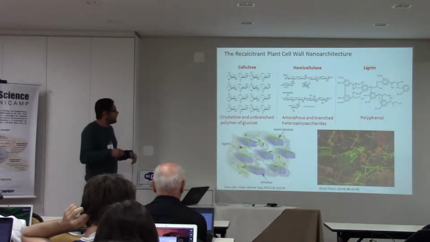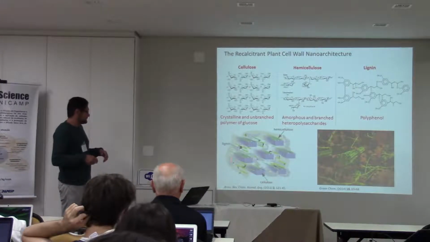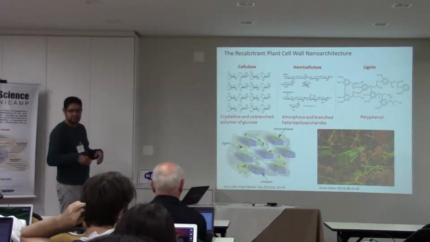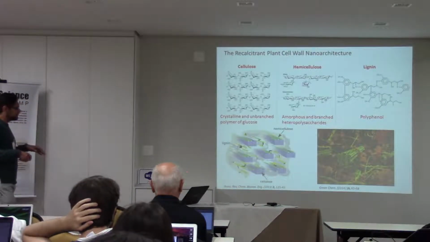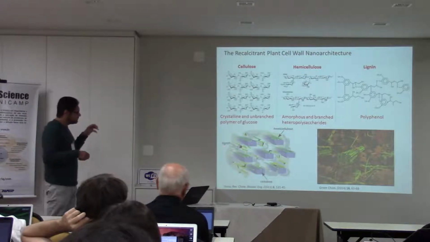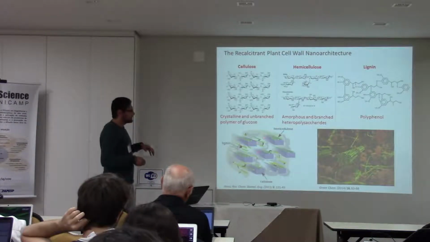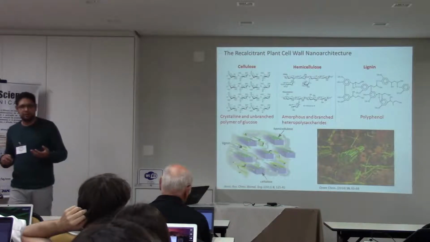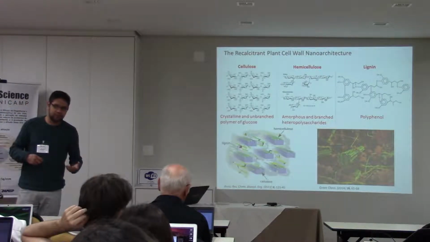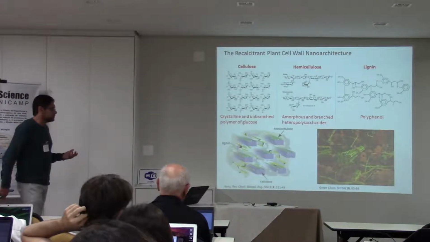These polymers assemble in this hypothetical structure. This architecture prevents the enzyme from attacking the cellulose molecules, which are what we are interested in converting to products.